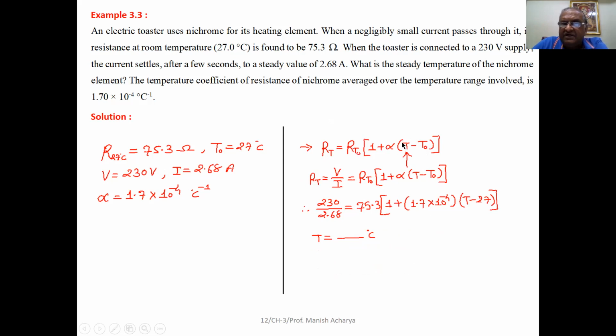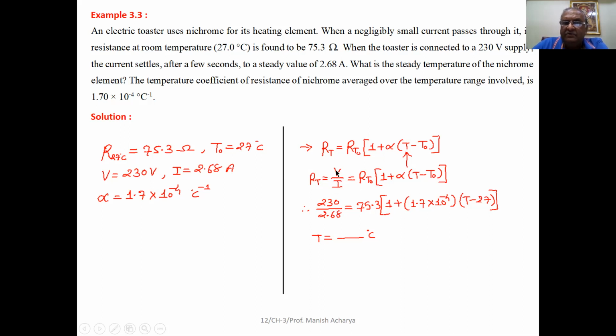This temperature T is what we want to find. At that temperature, the resistance is not given, but the voltage and current are. So we can write R at any temperature T, that is V by I, equal to R at temperature T0 into 1 plus alpha (T minus T0).